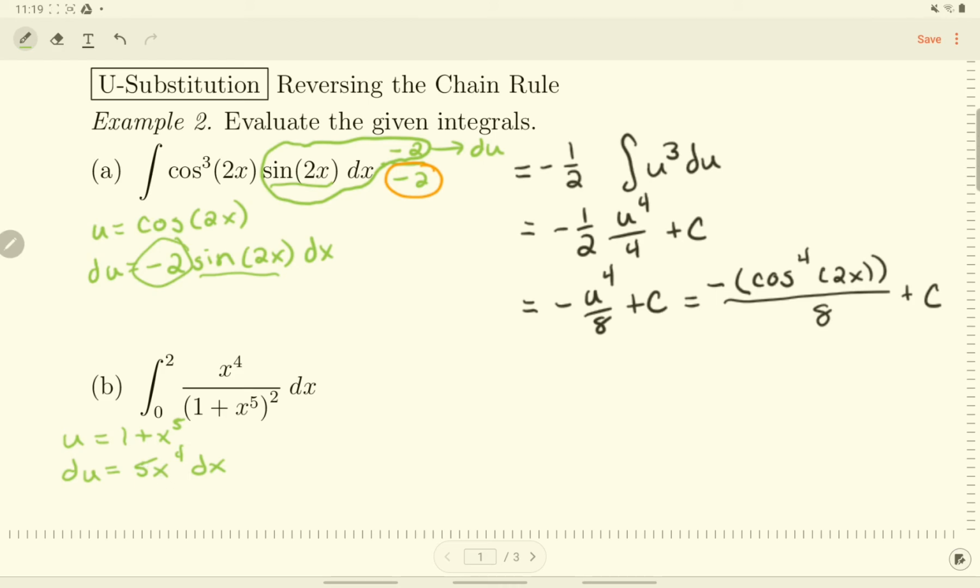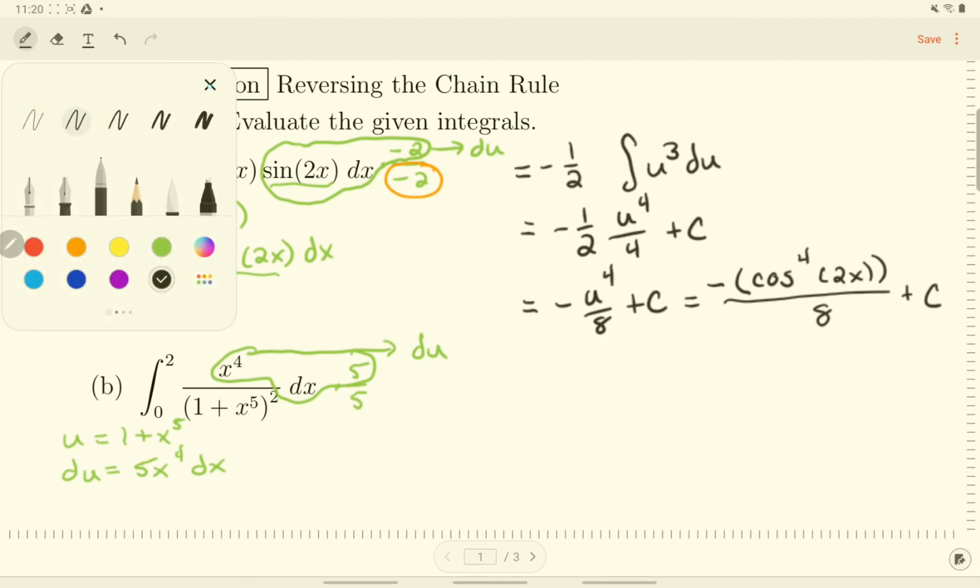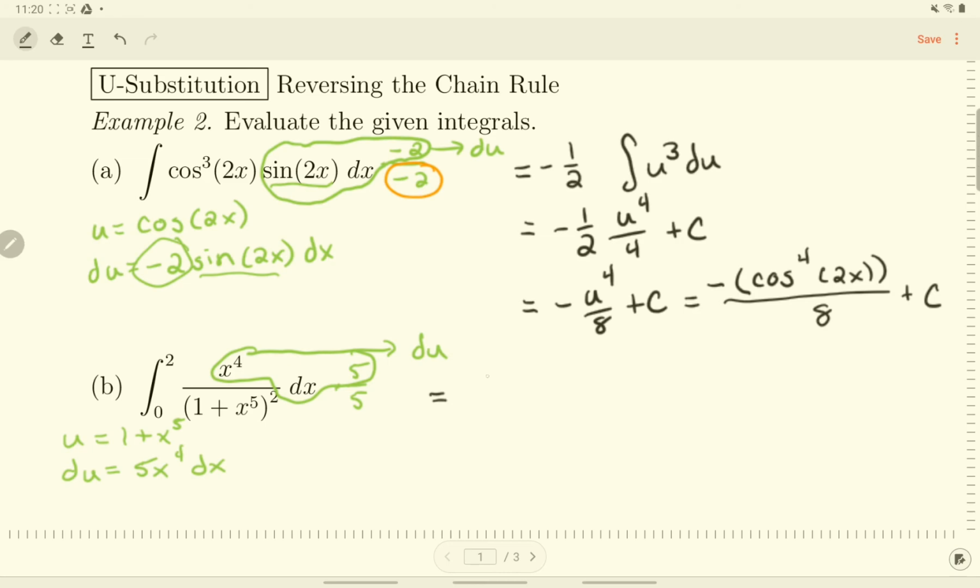All right, I have an x to the 4th. I do not have a 5, but that's okay. I'm going to multiply by 1 in a clever form. And then I can have 5x to the 4th dx, which I know is equivalent to du. All right. So let's start rewriting this. I'm leaving off the limits of integration for a second.